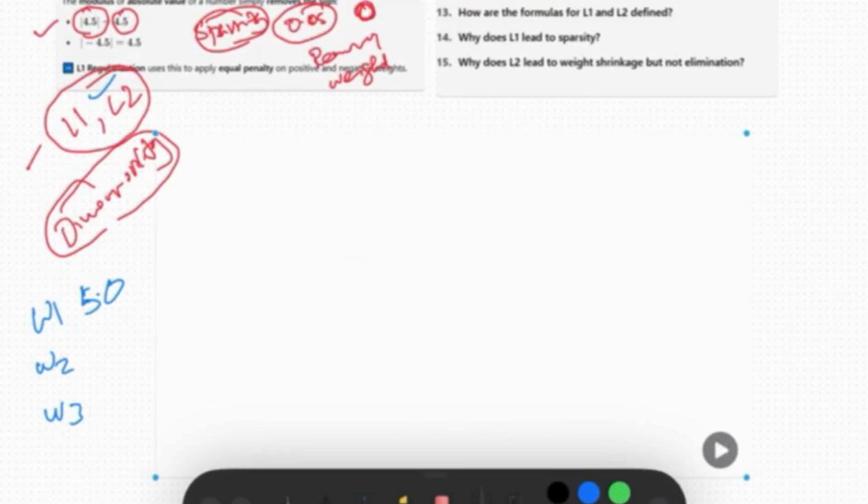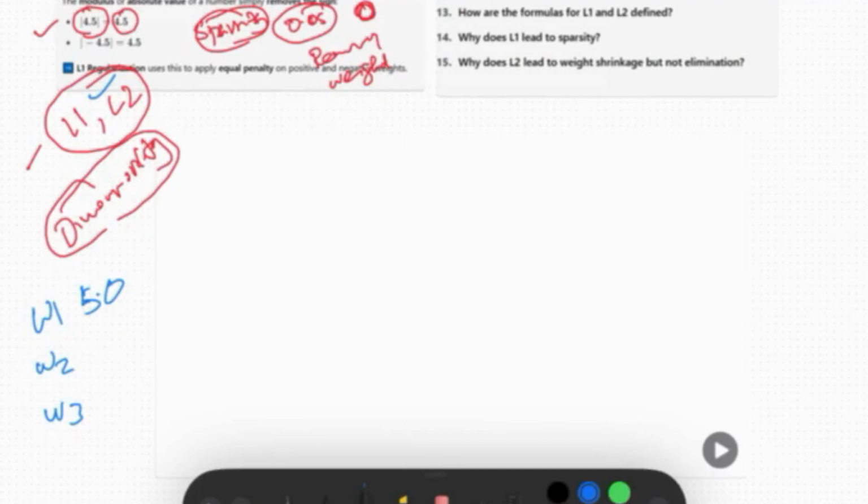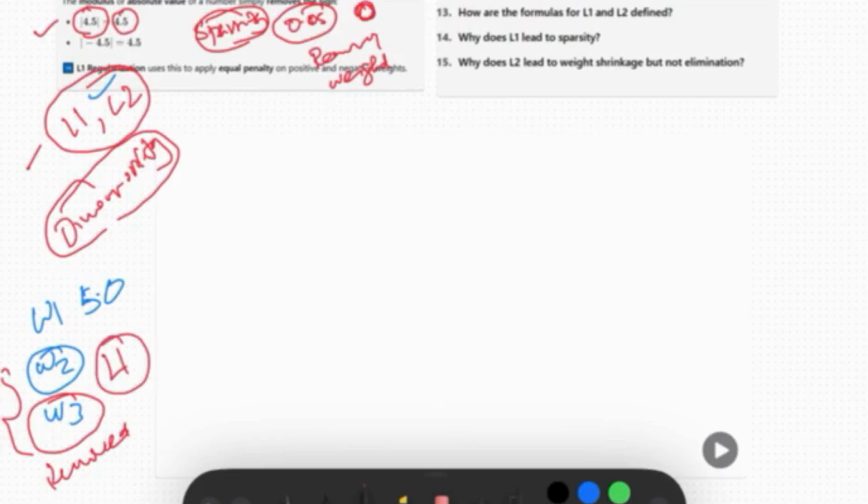W2 and W3 are being removed, which basically means L1 is being applied. But W1 becomes 4.0, which means L2 is being applied, so the weight is being shrunk. From 5.0 it is shrunk to 4.0, right?